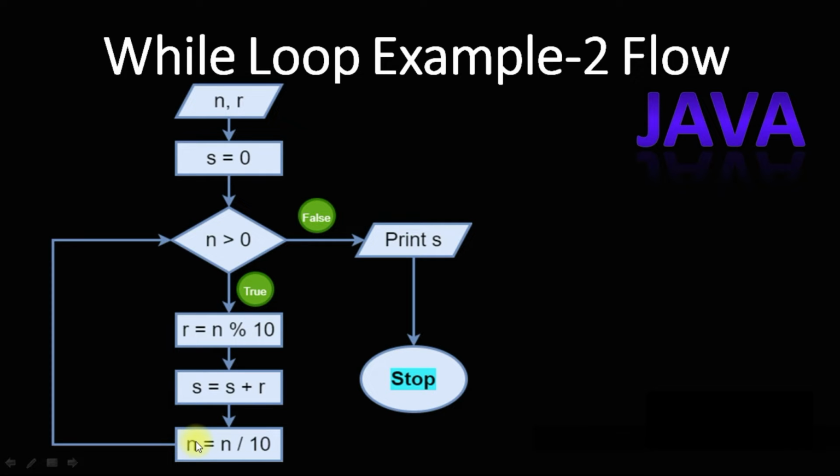Okay, so now if that n value is again greater than 0, it will execute the same flow, and if the n value is not greater than 0, then it will print the calculated s value, that is basically the sum of the digits. Now let's check this one in Excel with some value.